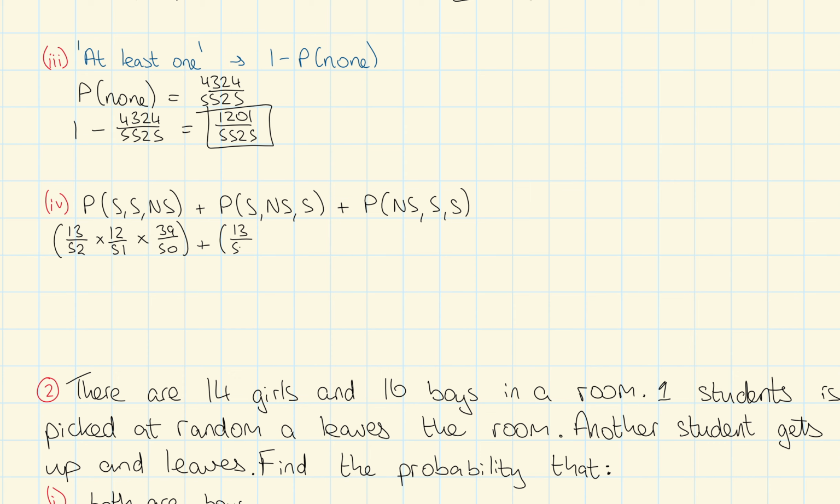Again, spade, 13 over 52. It's not a spade, 39. And then we've 12 spades left if we've used one already. If it's not a spade, we're looking at 39 over 52. A spade is 13 over 51, and a spade again will be 12 over 50. Okay, into your calculator for each bracket.